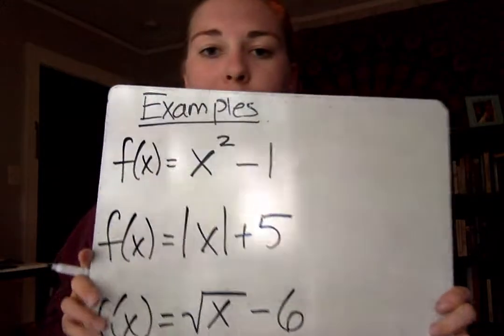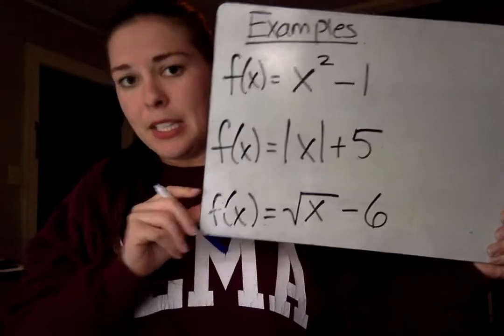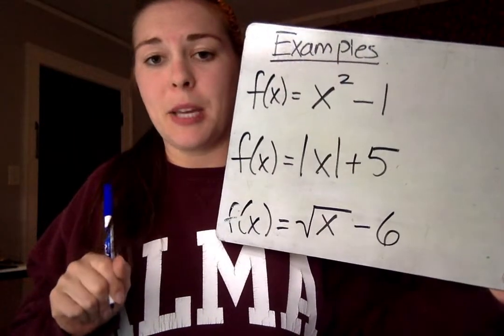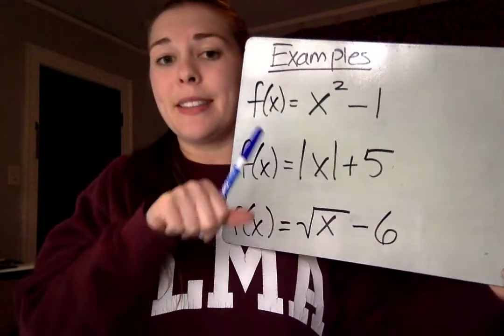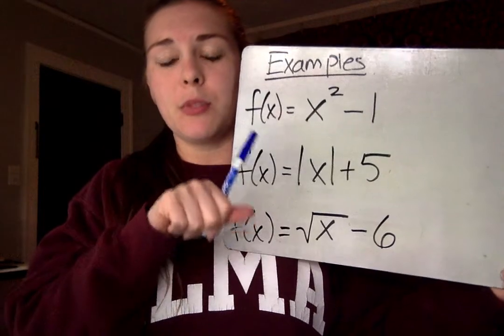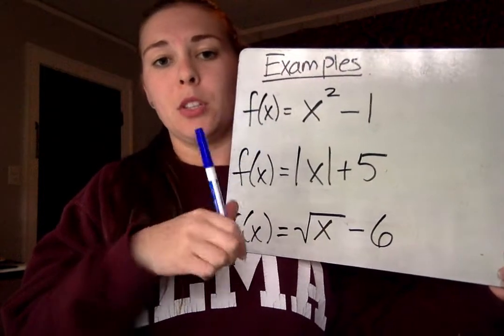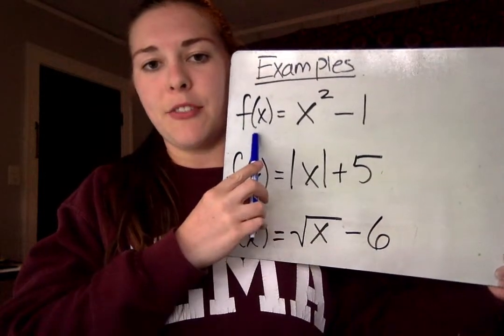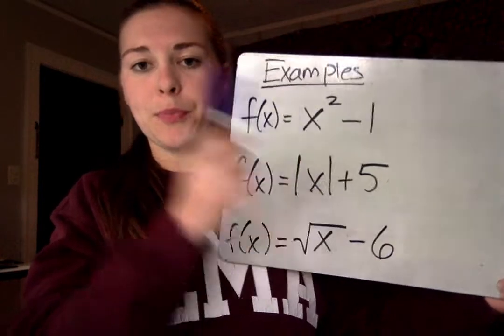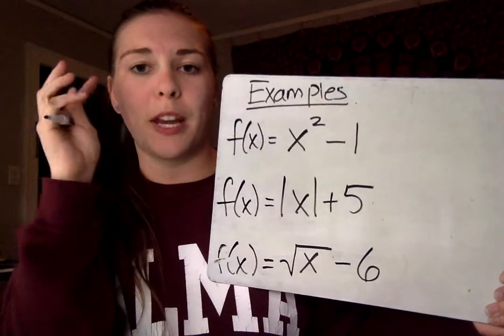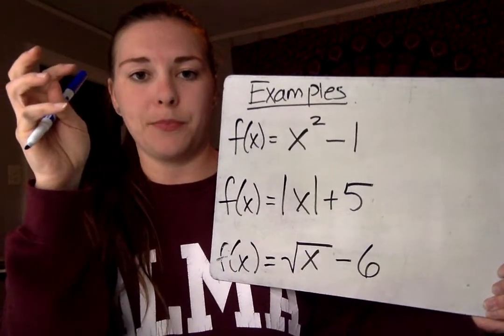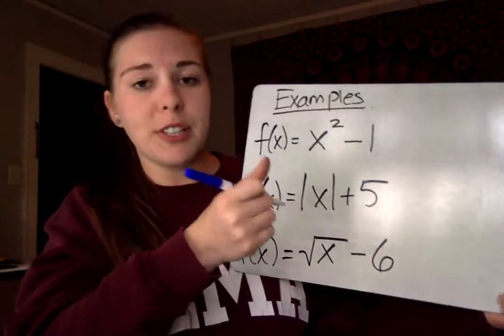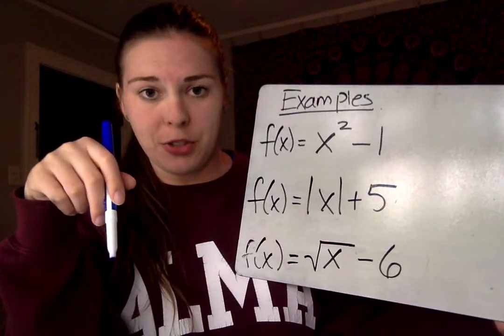I have 3 examples that I'm going to go through with you. All right. And again, if you have a piece of paper, which you should, write these down. You can use these examples on your assessment. So let's say I'm given this, f of x equals x squared minus 1. The first thing you're going to want to do is try and recognize a parent function. So hopefully at this point you have that list of parent functions written down.